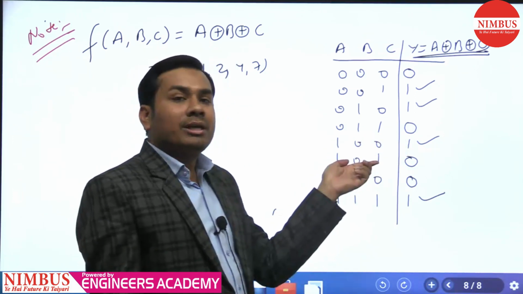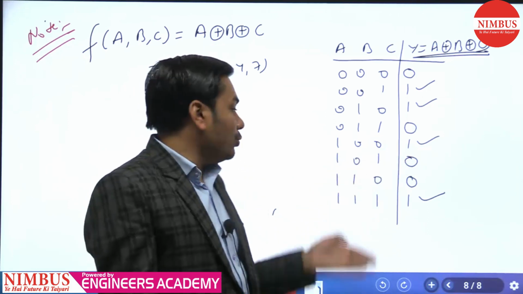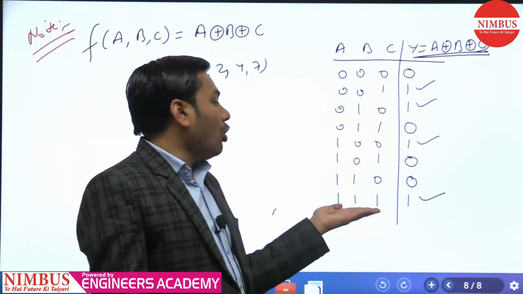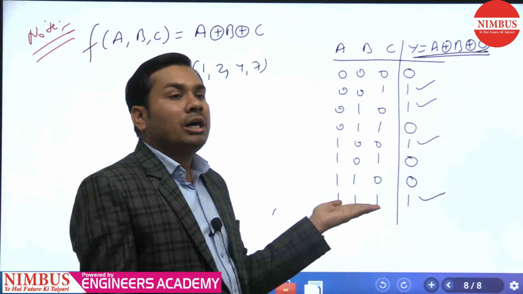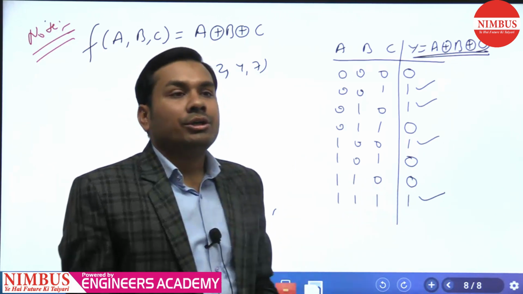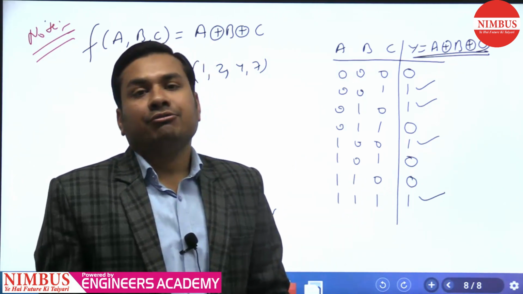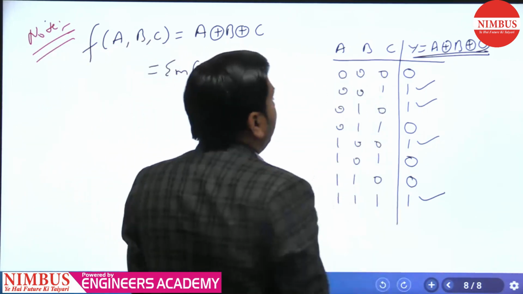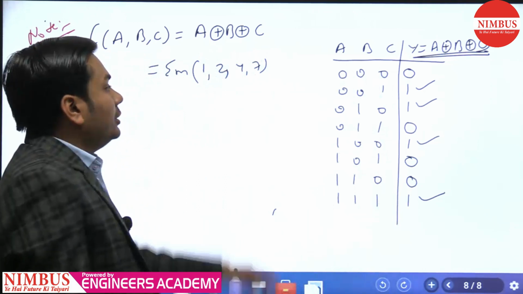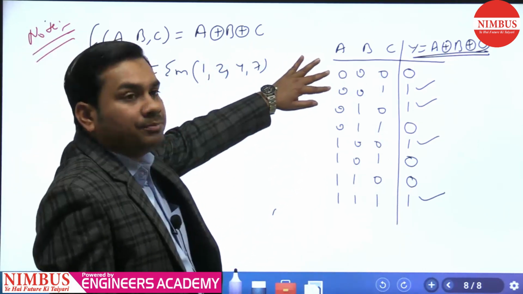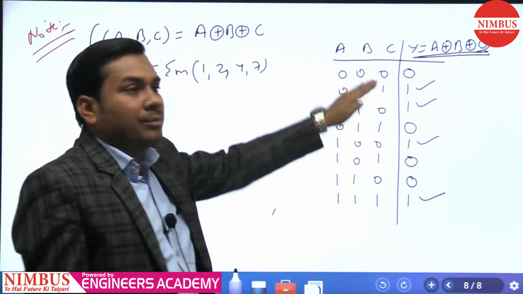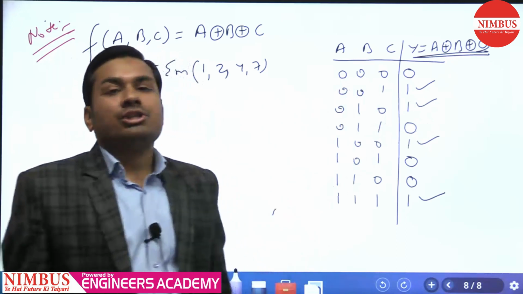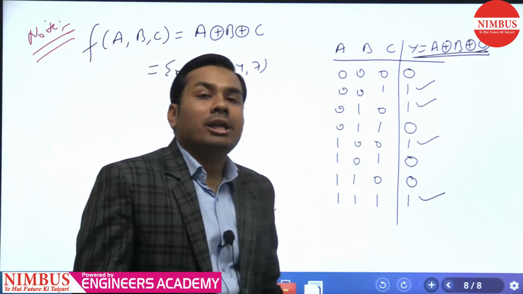Even, output 0. Even, output 0. Odd, output 1. So for the 3 inputs we are making 8 combinations, and we are just checking if we are having an odd number of ones in the input, then the output is at logic 1, otherwise the output is at logic 0.